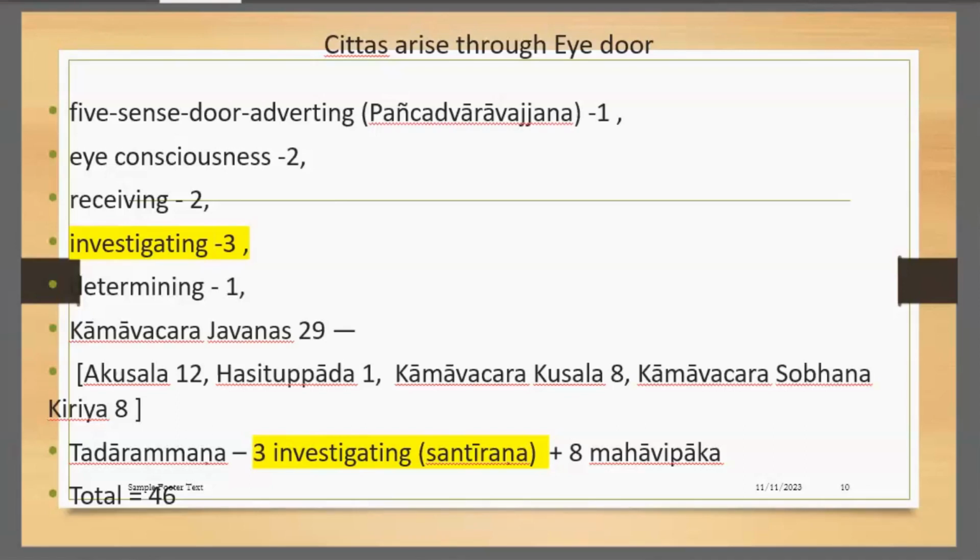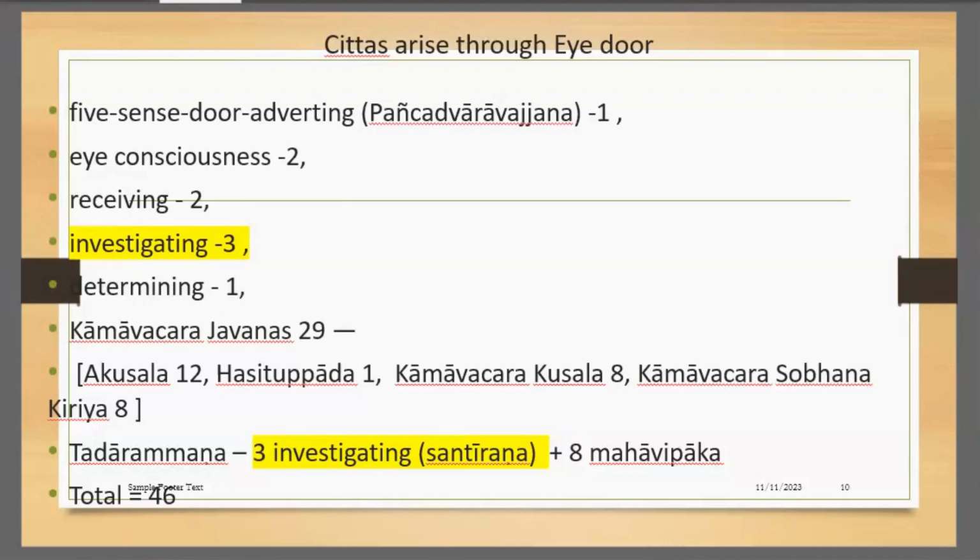Then receiving consciousness, Sampatichana Chitta, arises, performing the receiving function. After that, one of the Santirana Chittas arises, performing the investigating function. Then Vattabhana Chitta arises, performing the determining function.